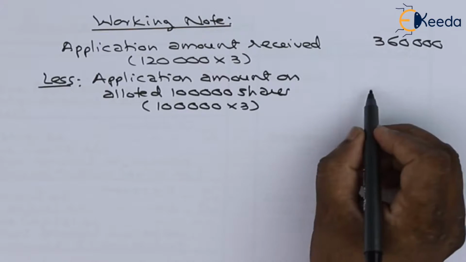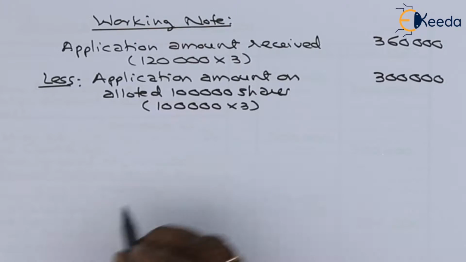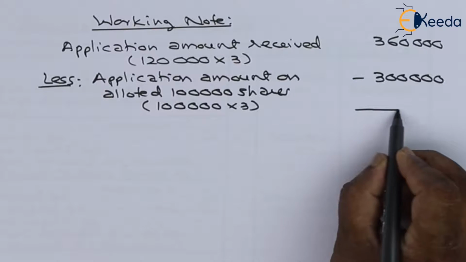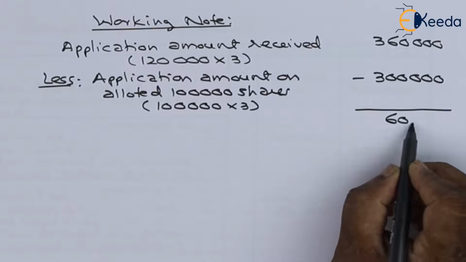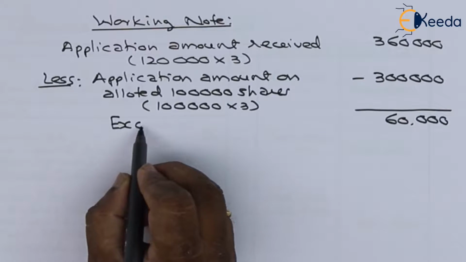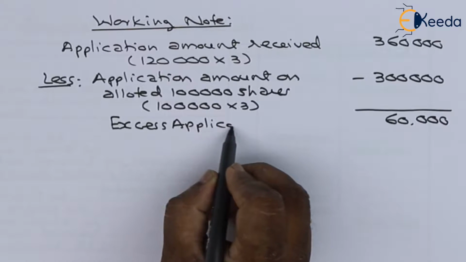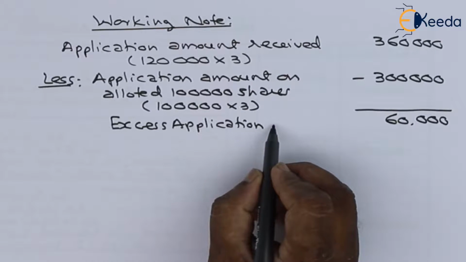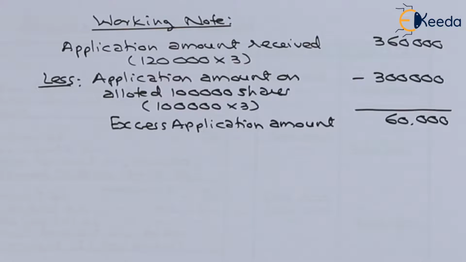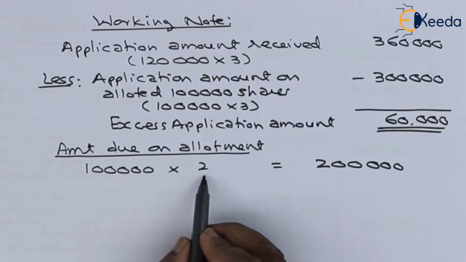One lakh multiplied by 3 is 3 lakhs. 3,60,000 minus 3 lakhs, 60,000 is the excess application amount. Amount due on allotment on 1 lakh shares is 2 rupees.